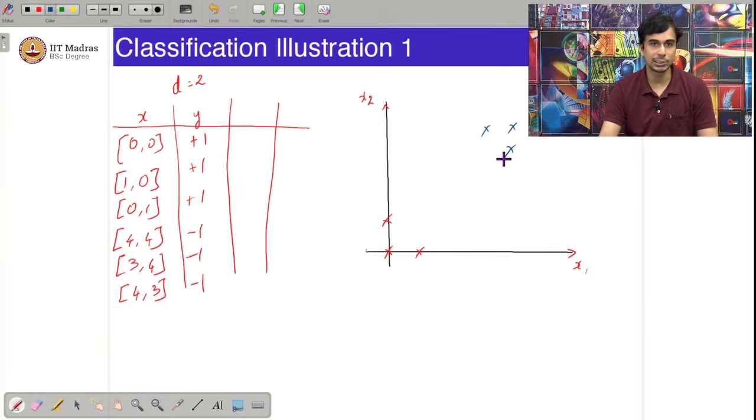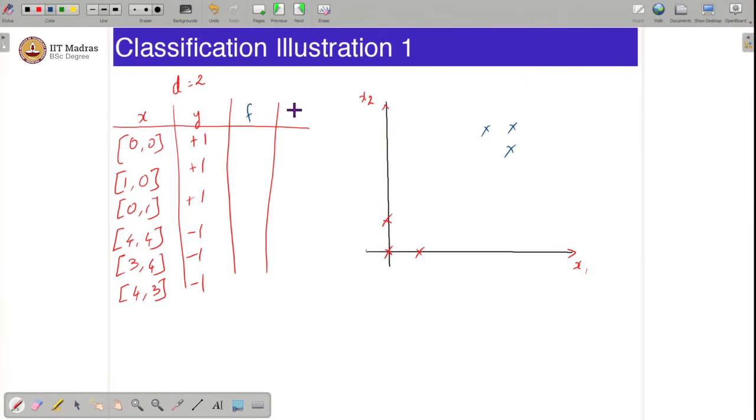But in this illustration we are going to do a much simpler task where we are just going to give 2 models and ask which of these 2 models the learning algorithm would pick, right. Let us call the models f and g.